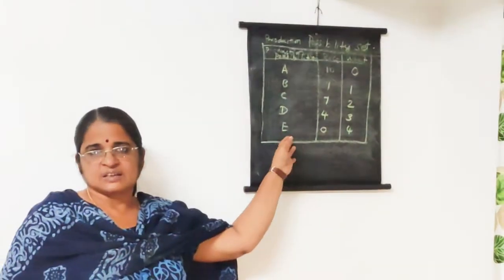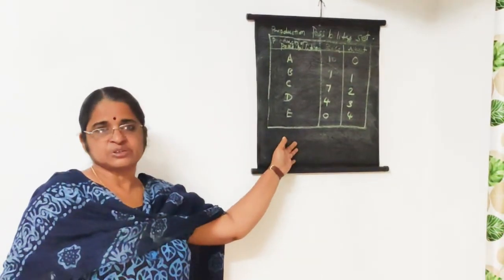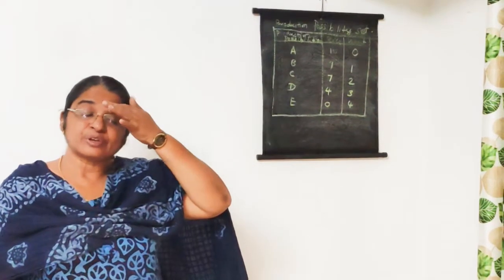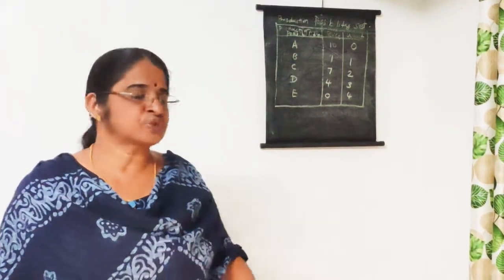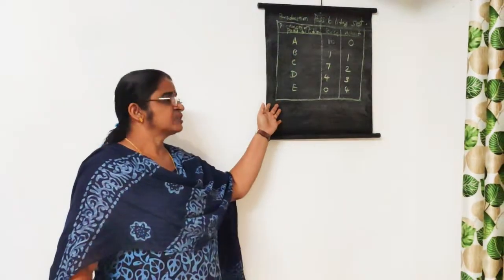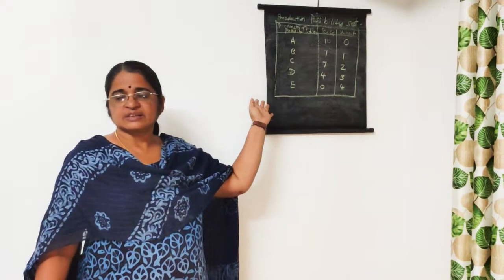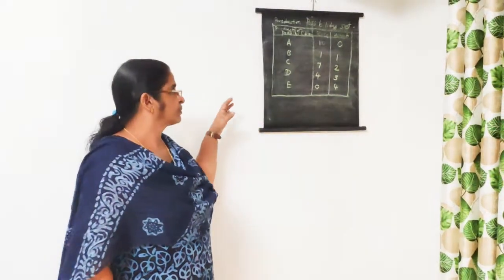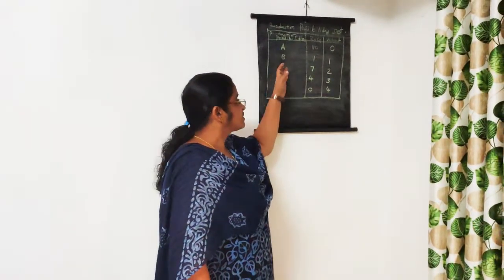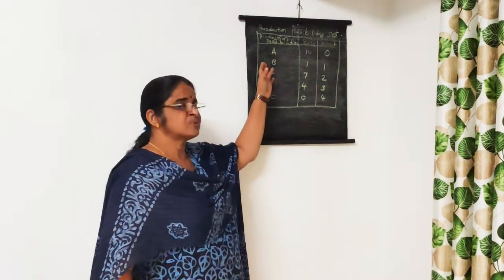Here is a chart or a table showing different possibilities of two goods. We can say the two goods are rice and wheat. The first possibility is possibility A.